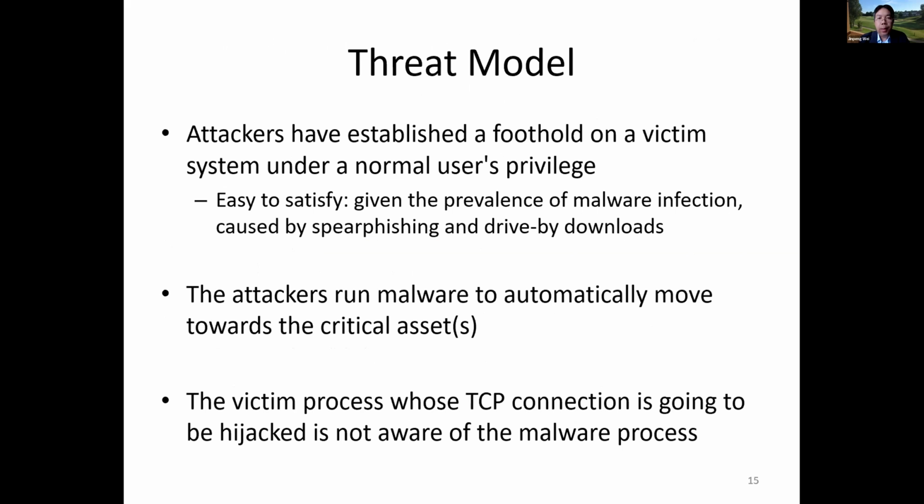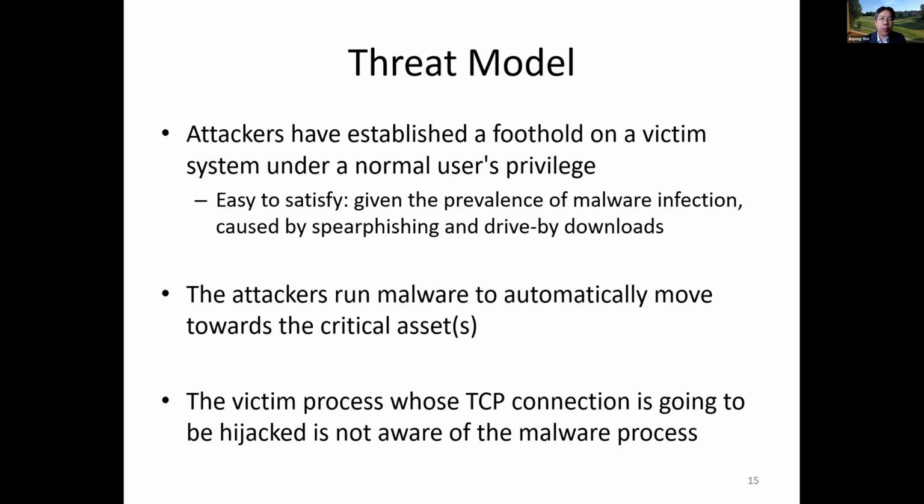The threat model of ShadowMove is that we make several assumptions. First, the hacker has already established a foothold on a victim system under a normal user privilege. So ShadowMove doesn't need root privilege. This assumption is very easy to satisfy, because spear phishing and drive-by downloads are very popular attack vectors.